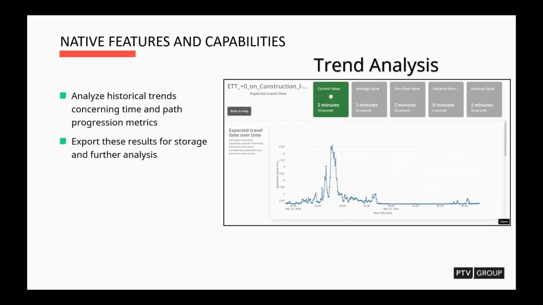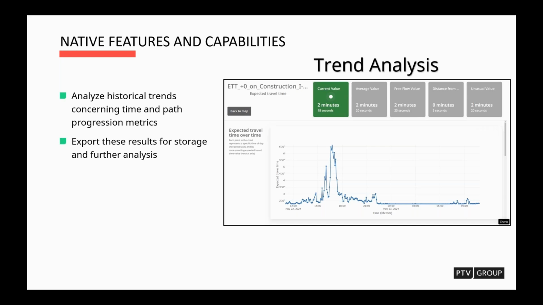And we have an internal native analysis system within the platform too. So as the instance is running, as you're monitoring your network, you can actually jump in real time and see the past 24 hours and extrapolate this data via a CSV file.